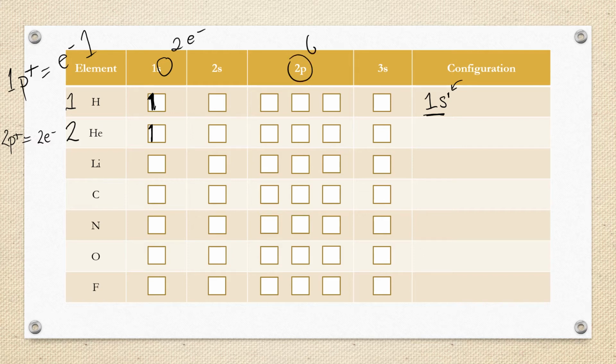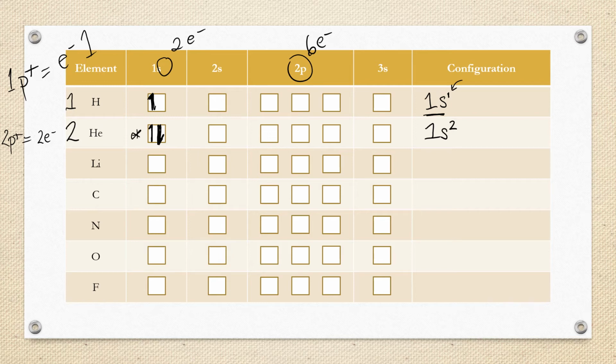Our p orbitals can hold 6 electrons. So I can put one more here in this box for the 1s orbital, but it has to go in the opposite direction. The spin has to be opposite. All right, so then for this one, we would write 1s2 for our configuration.